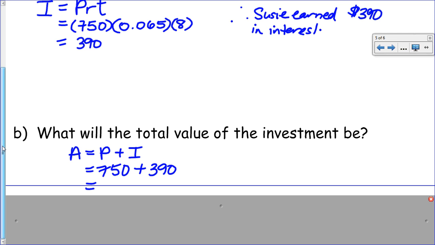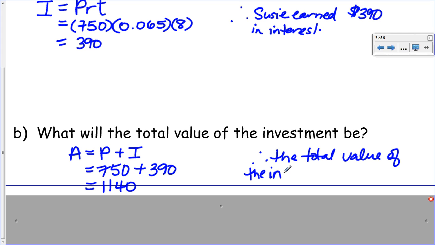And I don't know why there's this random line here, so we can just ignore that. And that's going to be 1,140. So therefore, the total value of the investment will be, and this is where you can insert your dollar sign, $1,140.